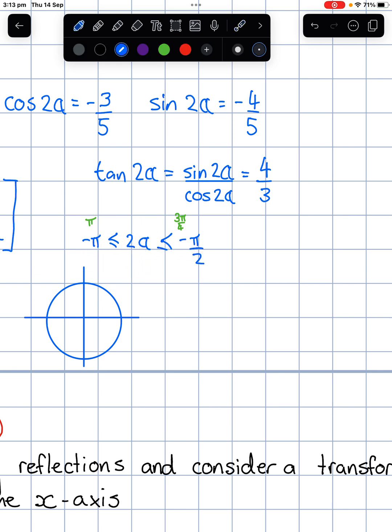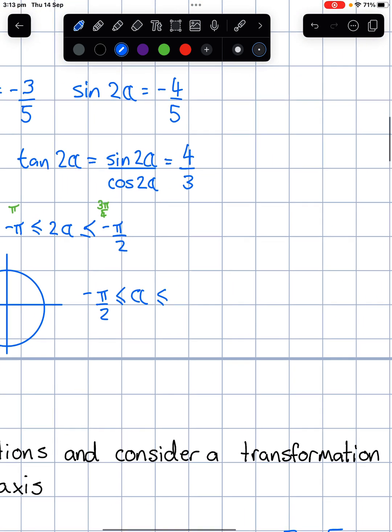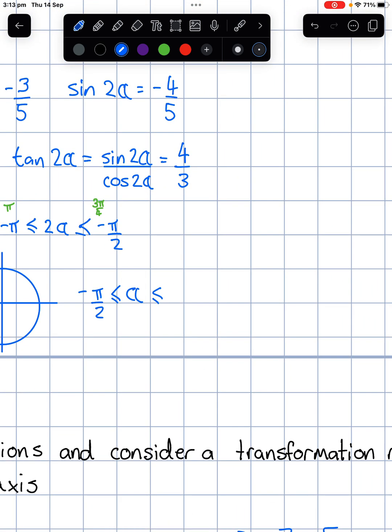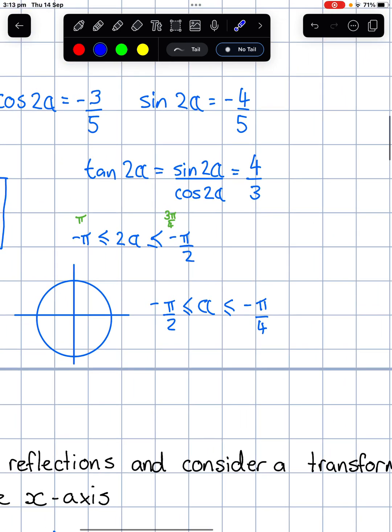Realistically, from our trig topic, we should know this domain doesn't help us. We want a domain with just alpha, so we're going to divide everything by 2. So we get -pi on 2 is less than alpha, less than -pi on 4. So we've got that all set up. Now we just need to solve one of these equations.